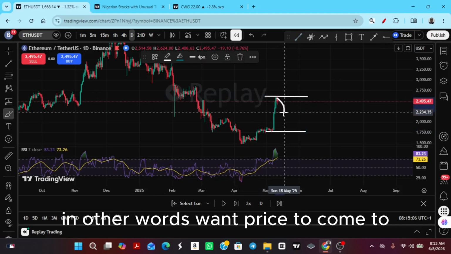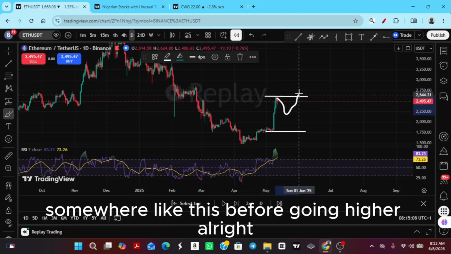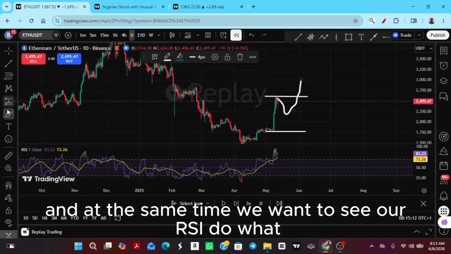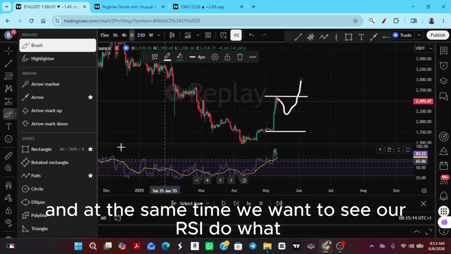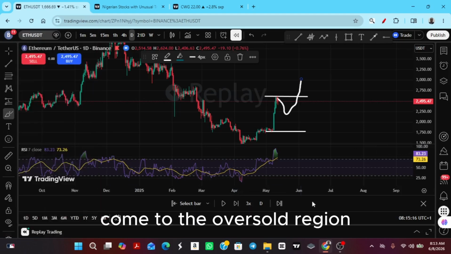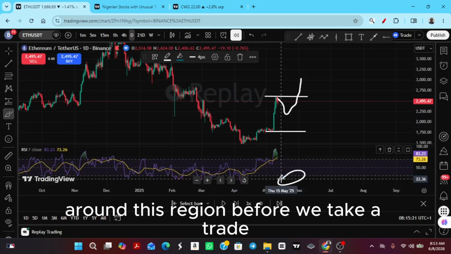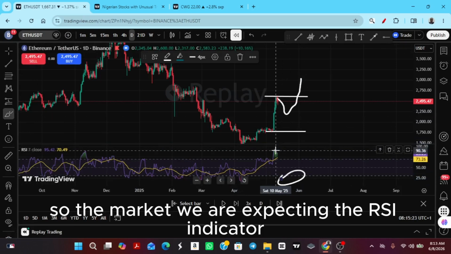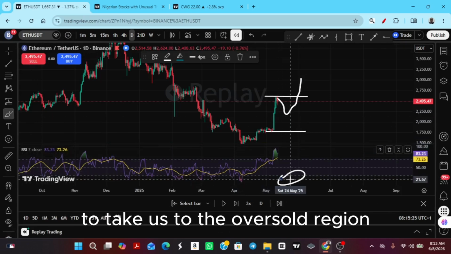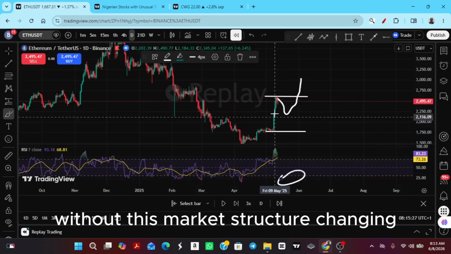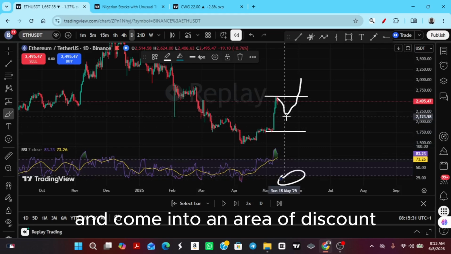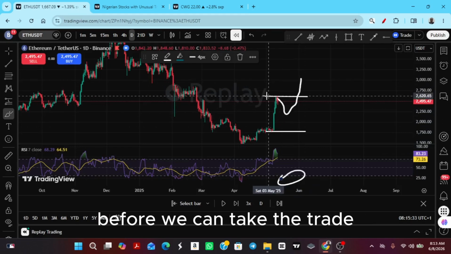In other words, we want price to come to somewhere like this before going higher. At the same time we want to see our RSI come to the oversold region, around this region, before we take a trade. So we are expecting the RSI indicator to take us to the oversold region without this market structure changing, and coming to an area of discount before we can take the trade.